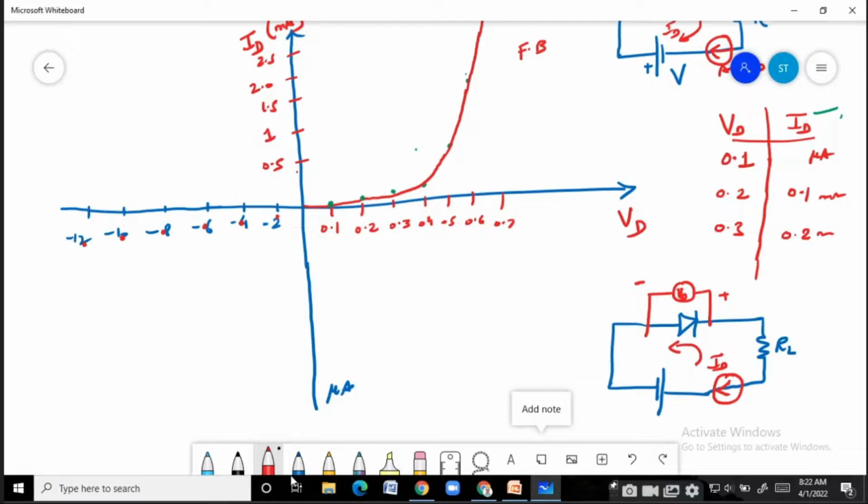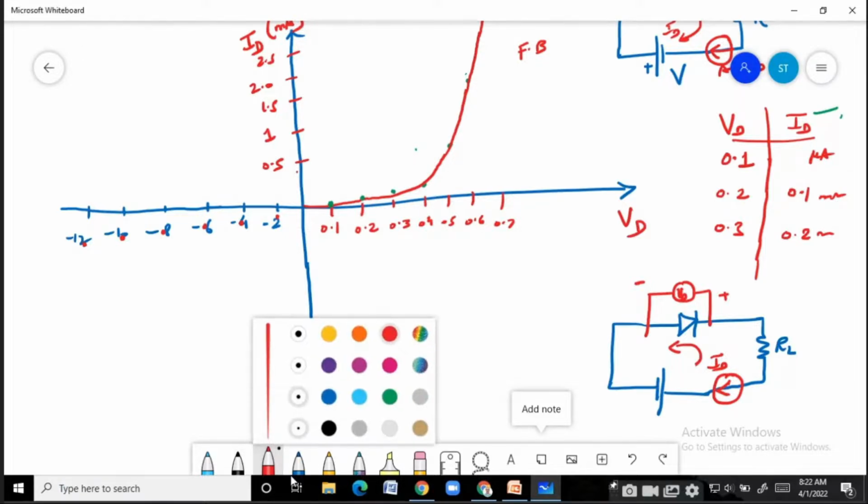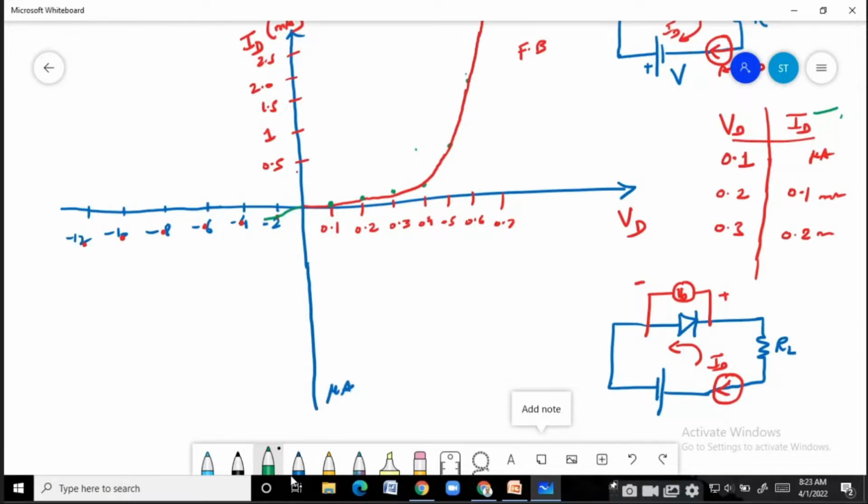So when you connect all these points with a free hand, you get a characteristic like this, which looks quite straight, and in most of the books, if you look at it, it will be quite parallel to the x-axis, the negative x-axis.